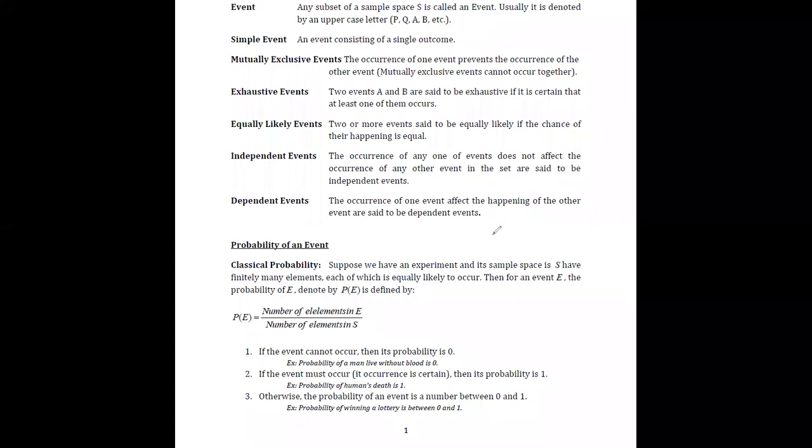Suppose that we have conducted an experiment having a sample space with finitely many elements. It means that once you observe your sample space, it should have finitely many elements. There may be many elements, but it should be a finite number of elements.